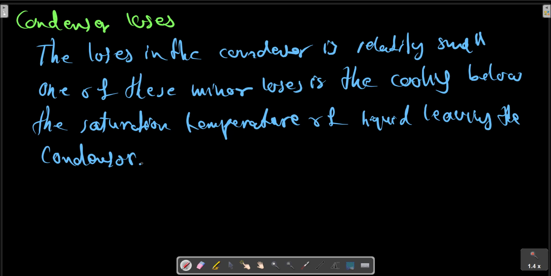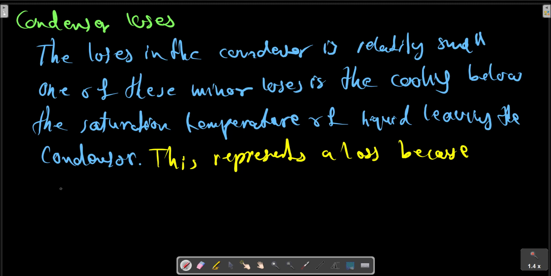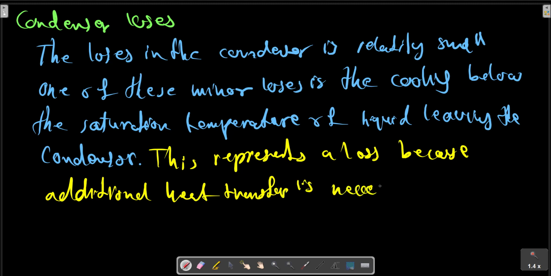This represents a loss because additional heat transfer is necessary to bring the water to its saturation temperature.